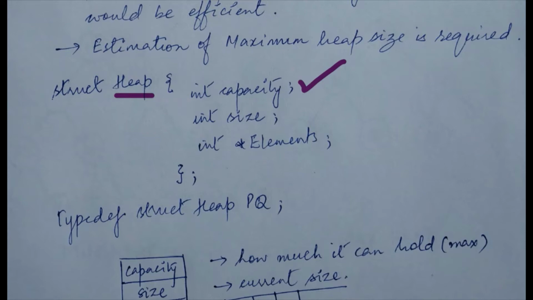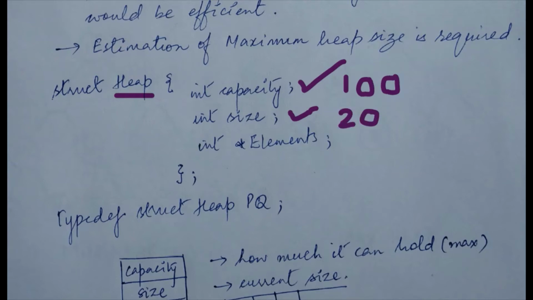As I'm building the heap, what is the current size? I'll build the heap by putting the elements one by one. So let's say there are 20 elements at any particular point of time, size will have that 20. So if this is 100, the total size of the heap, and 20 is the current size basically.